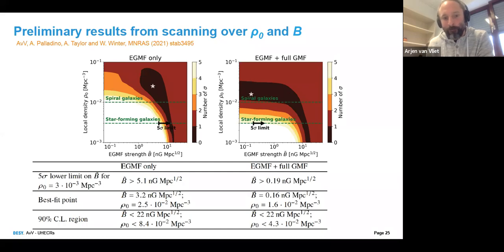I was more referring to the rotation measures, like the sub-nanogauss limits from CMB and rotation measures, right? Especially rotation measures are not so far.